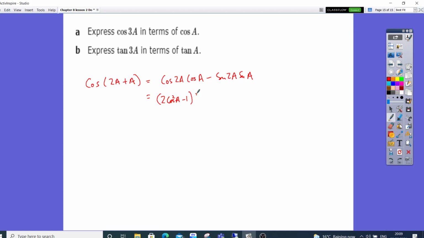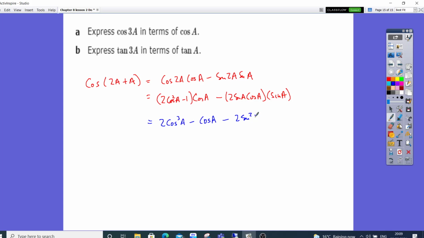Because I've got no choice here, I have to replace this with 2 sine a cos a, and I've got sine a over here. Now if I multiply this out, I'm going to get 2 cos squared a times cos a. It's going to give me 2 cos cubed a, and minus cos a. If I times that out, I'm going to get minus 2 sine squared a cos a.